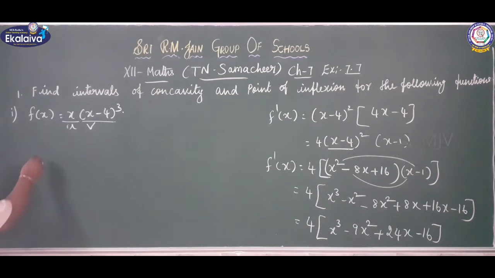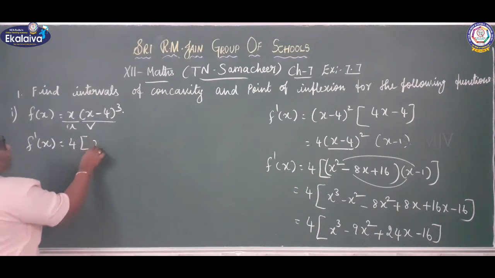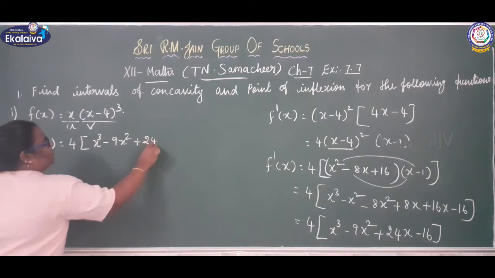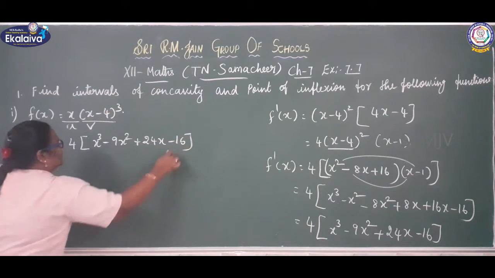So f dash of x equal to 4 into (x cube minus 9x square plus 24x minus 16).